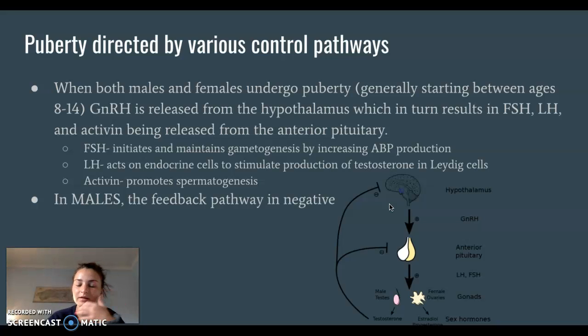Inhibin is kind of like the antagonist of activin, and it's released by what's called Sertoli cells, which I'll also get into on the next slide. So inhibin, along with testosterone, will allow for that negative feedback loop by inhibiting the hypothalamus and in turn the anterior pituitary.